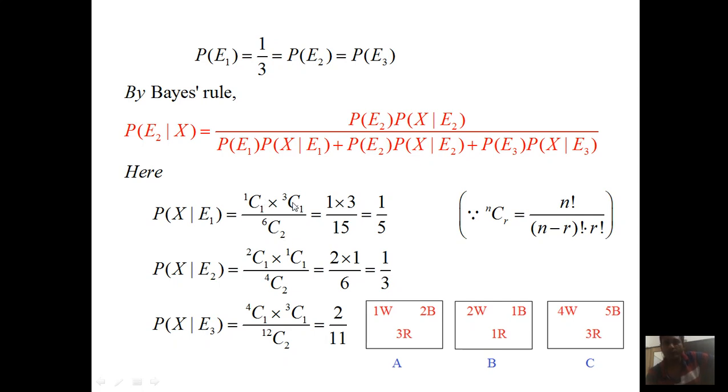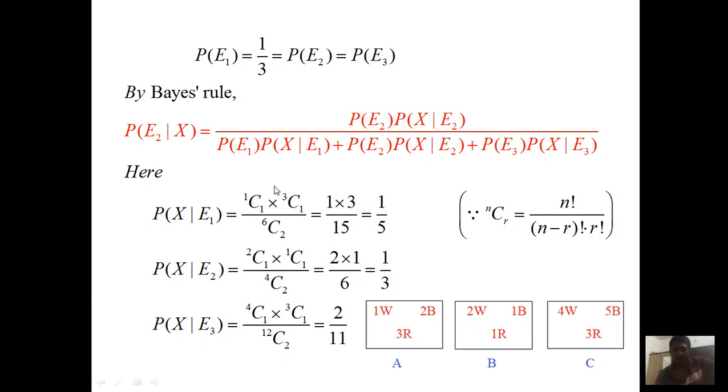Now numerator. Again event E1 is finished, that is box A is selected. We cannot talk about box B, box C. We are considering only box A. In box A there are total 6 balls, but we have to draw only 2 balls. So the total outcome is 6C2.